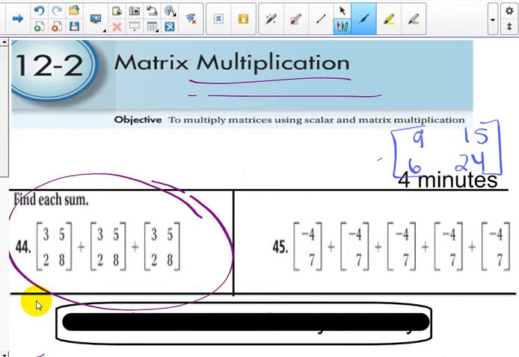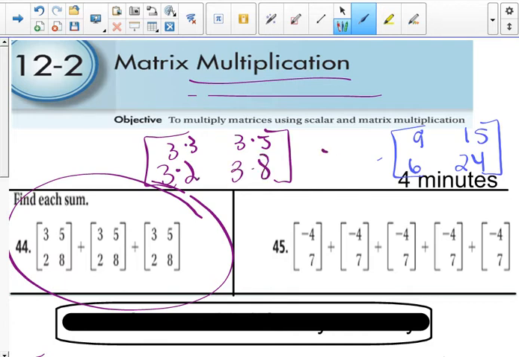So we can write that as what? It would be like 3 times 3, 3 times 5, 3 times 2, and 3 times 8. And do you agree that's the same thing?